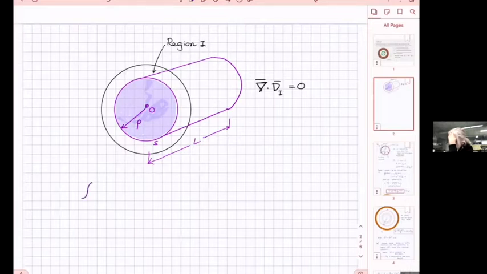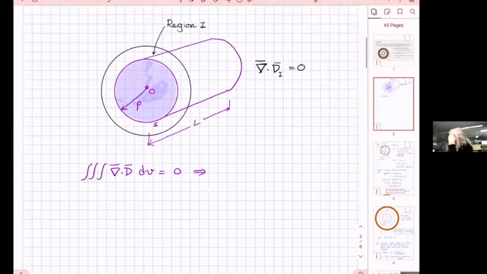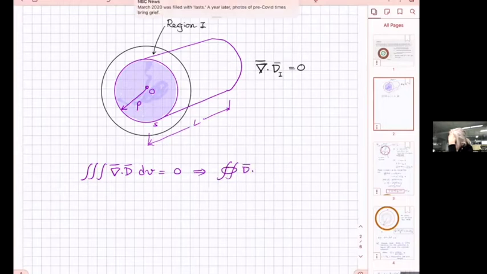So the volume integral of divergence of D dV is 0, which gives me the closed surface integral of D dot dS, and that is equal to 0.